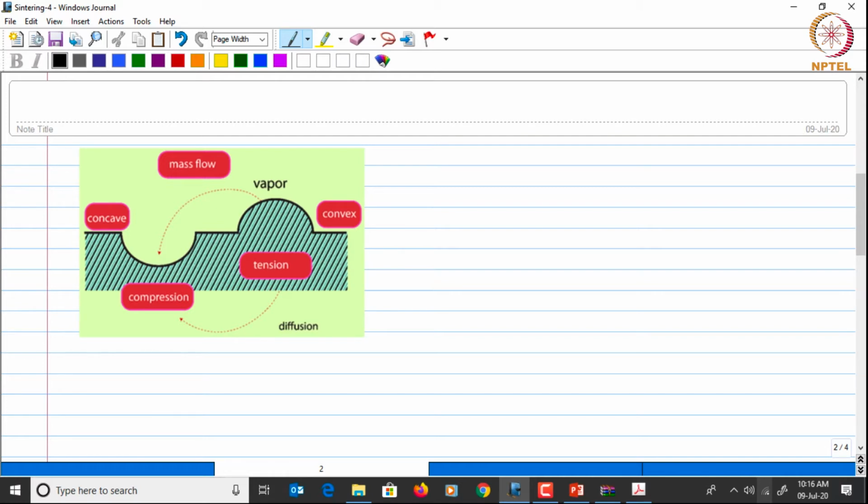This can be depicted with the help of this picture, where you have this kind of curvature, both convex and concave. What happens is that concave and convex surfaces will try to become flat and hence will result in mass flow.